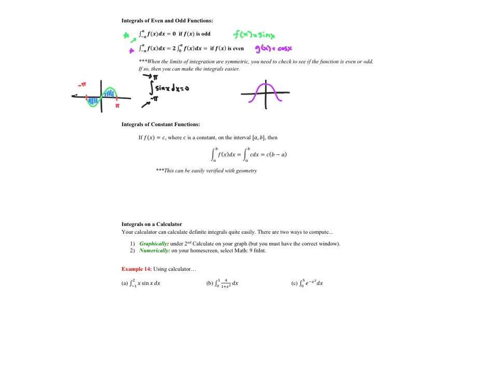You can see from negative pi to pi, that's probably a bad example, because those will negate each other. I'll go out further. Let's go out to negative 3 pi over 2 to 3 pi over 2. Yeah, let's do that.